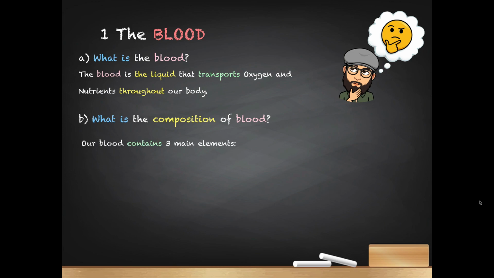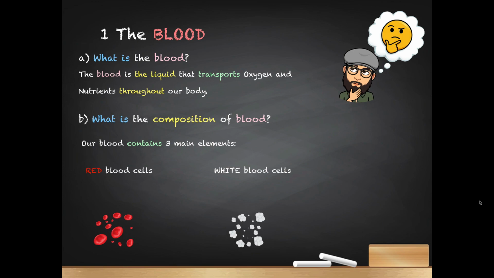You can see three main elements in the blood. First of all, you can see red blood cells, and they are like this. Then you can see white blood cells, and they are more or less like that. And finally, you can see platelets, and they have a shape similar to this.